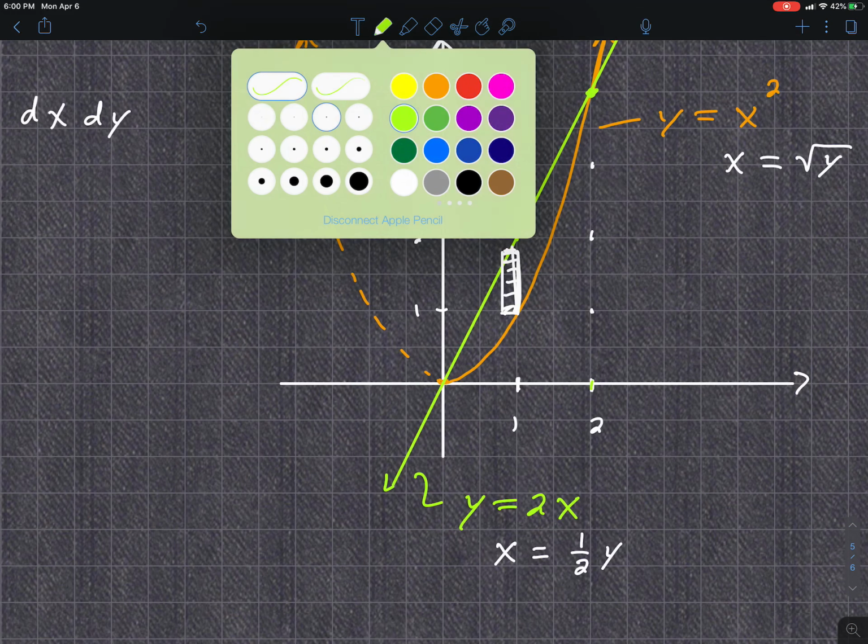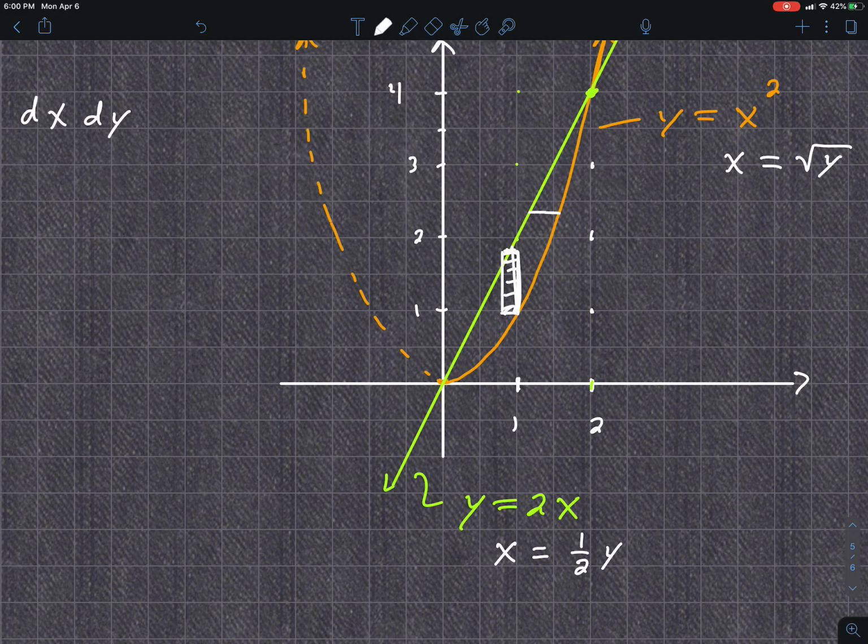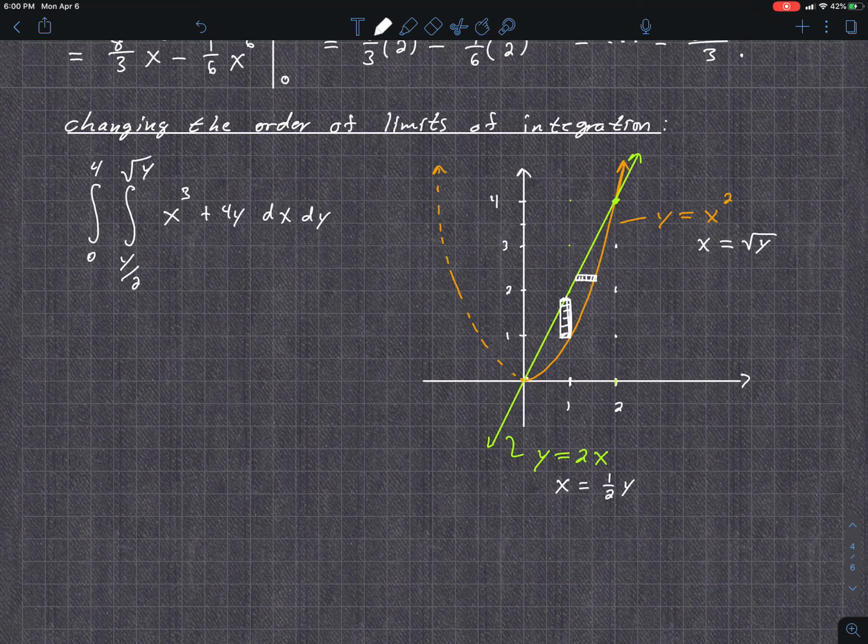And so now your representative rectangle is going this direction, and you're adding those up from 0 all the way to 4.